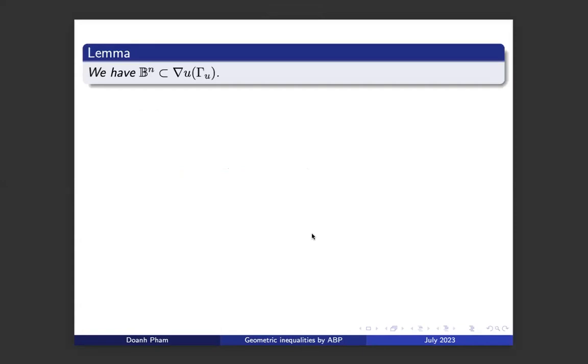Then, similar to the ABP maximum principle, we have that the unit ball is contained in the image of the gradient of U on gamma U. To see this, we fix a point psi inside the unit ball.